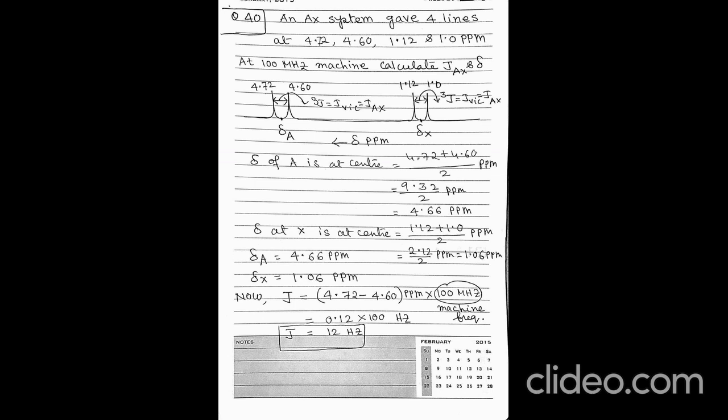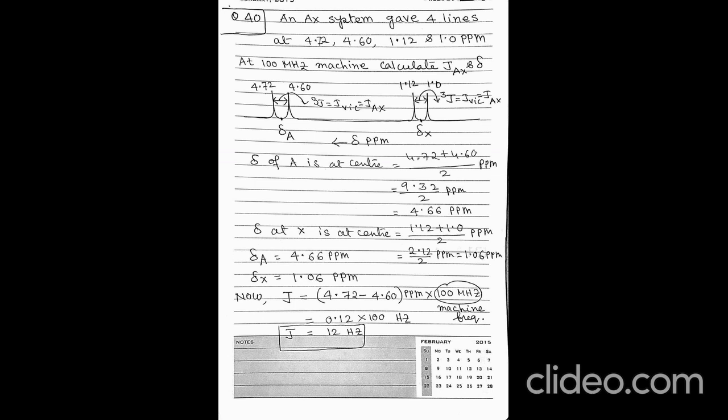Now coming to the delta value, these 4 lines represent the 2 doublets, and we should have 2 delta values, one for A and another for X. For the A hydrogen, the higher 2 values, 4.72 and 4.60, are the positions of the 2 lines.